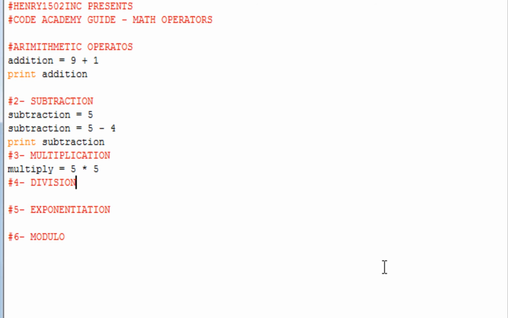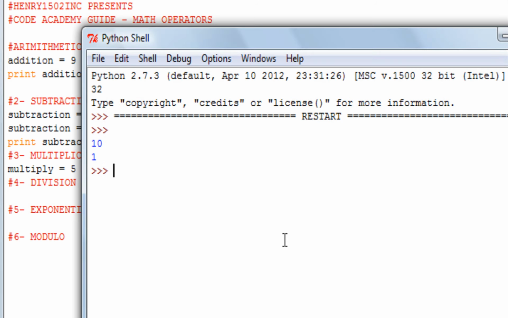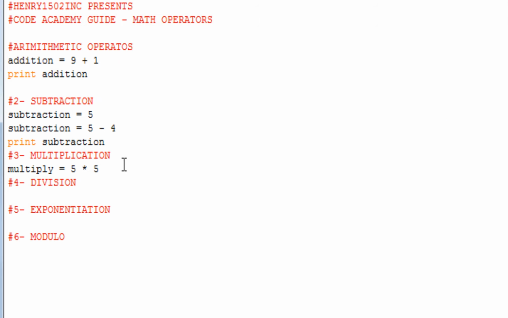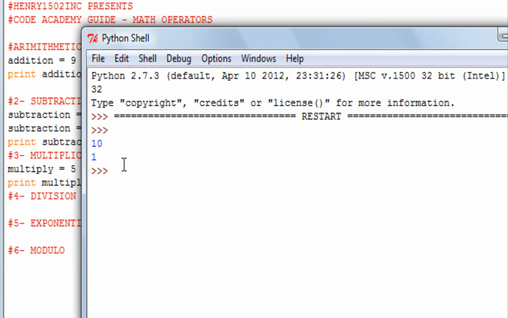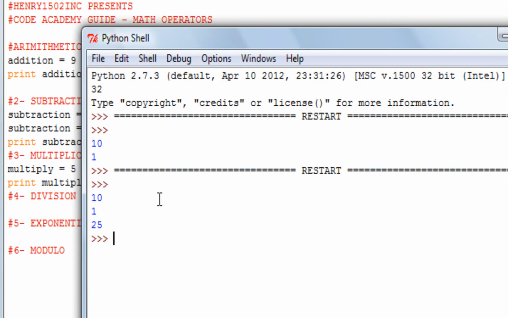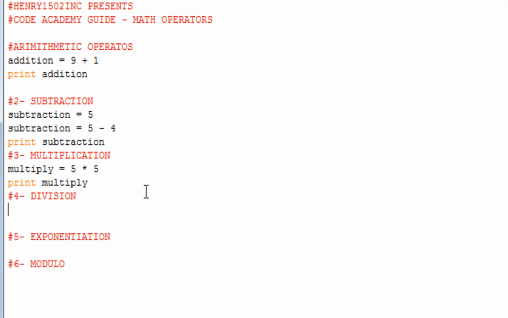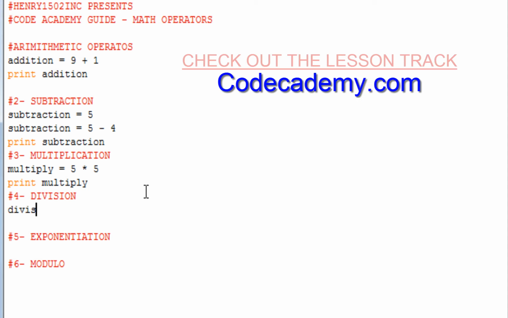I don't know if you guys were able to see it, so I'm just going to run it again. And once again, I keep forgetting to print the variable. Multiply. So here we go. 5 times 5, 25.